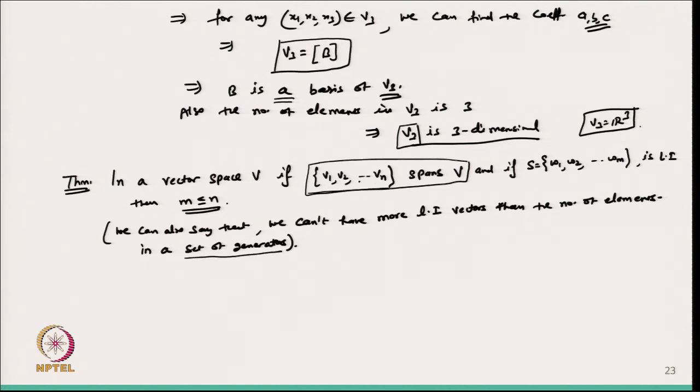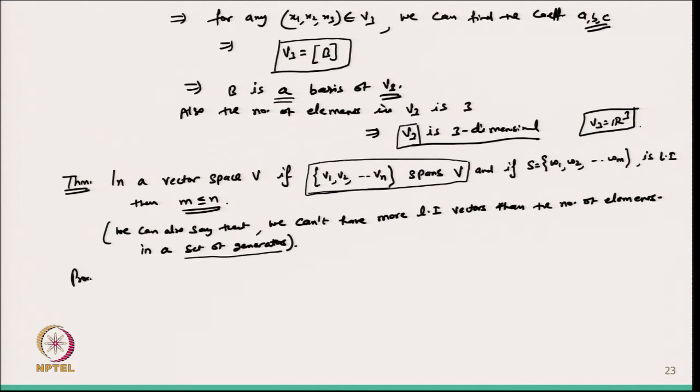Like here we have n elements in this generator, because it spans V, it generates V. Then we can say that if we have a set of linearly independent vectors, then m cannot be greater than n. So, this is the way we have defined it. So, here it is spanning basically.